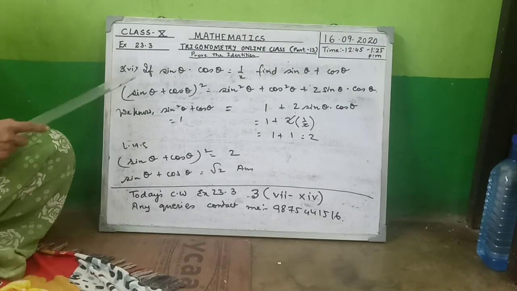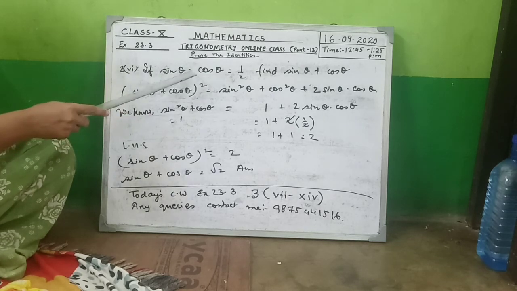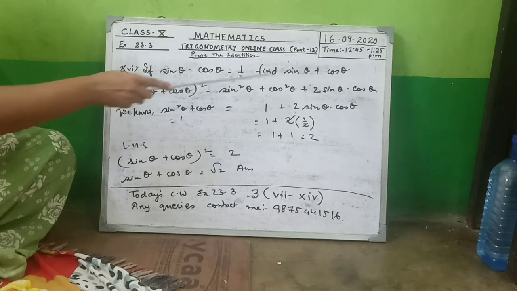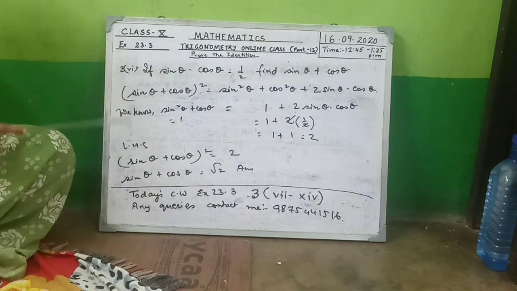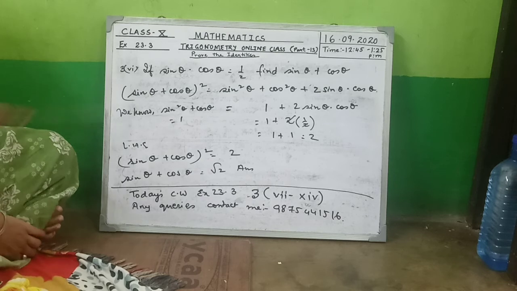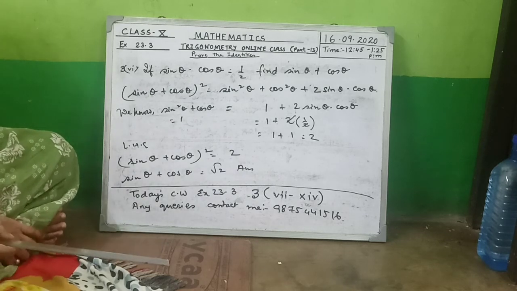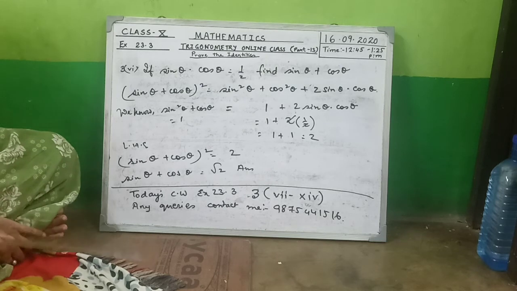Now my next application: if sin theta into cos theta is half, find sin theta plus cos theta. Now if we square sin theta plus cos theta, what will we get? Sin square theta plus cos square theta plus 2 into sin theta cos theta.